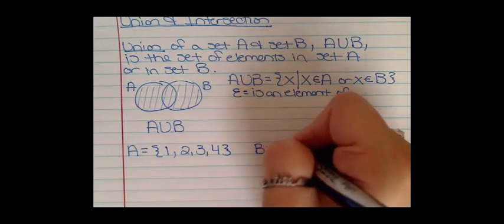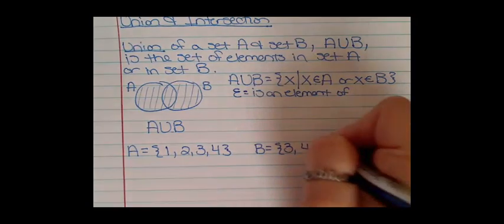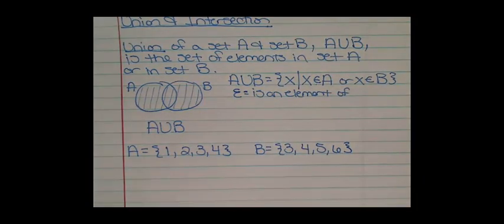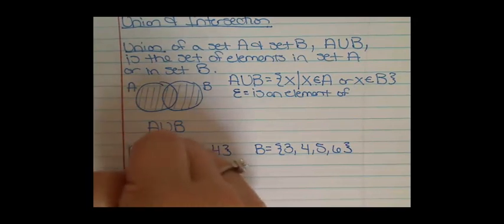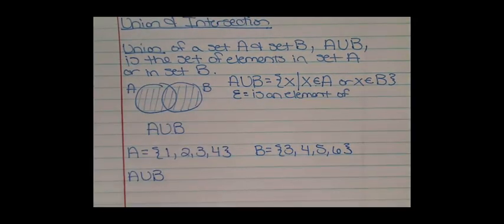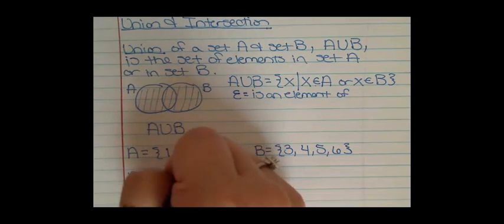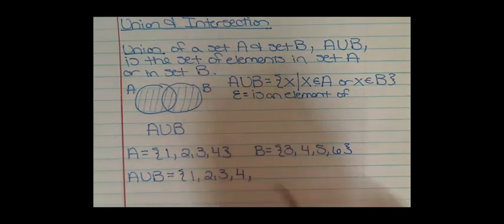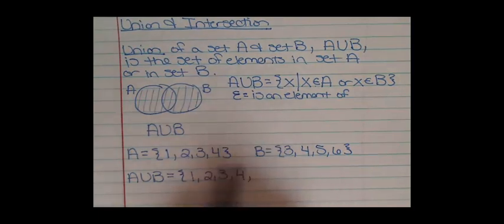So A union B is just everything that's in A and everything that's in B. So that means that set would be 1, 2, 3, 4. Now 3 and 4 are in both A and B, but we don't have to write them twice. We just write them once. 5 and 6. So A union B is everything in A and everything in B.